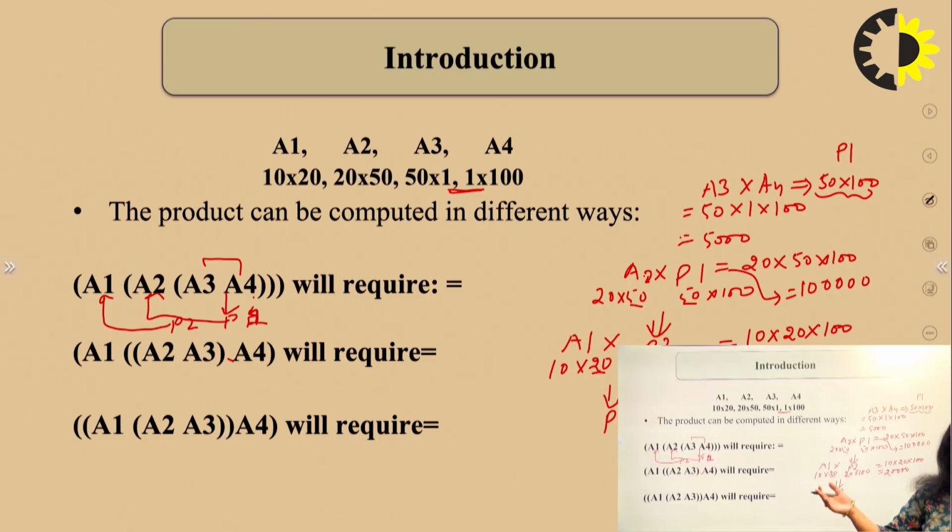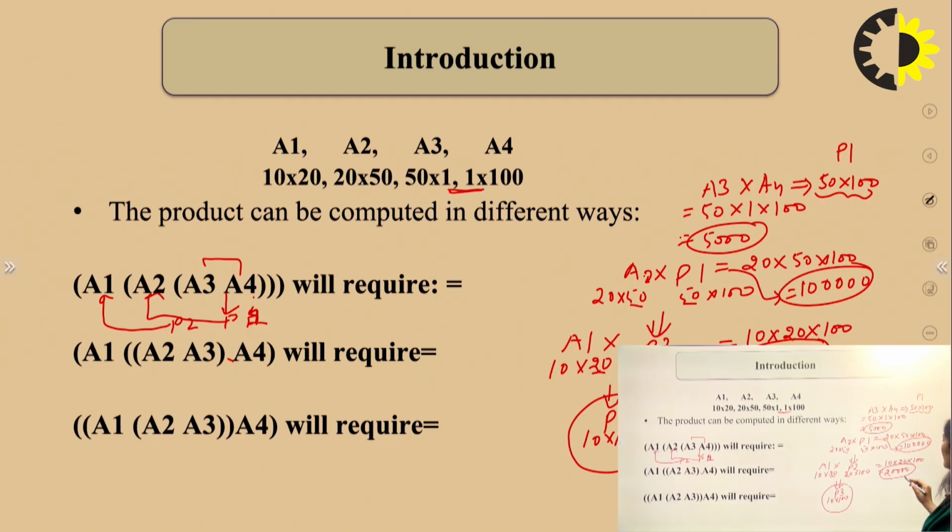Since I am not left with any matrices, this is my final product with dimension 10 cross 100. But to find this product, how many total scalar multiplications have I performed?